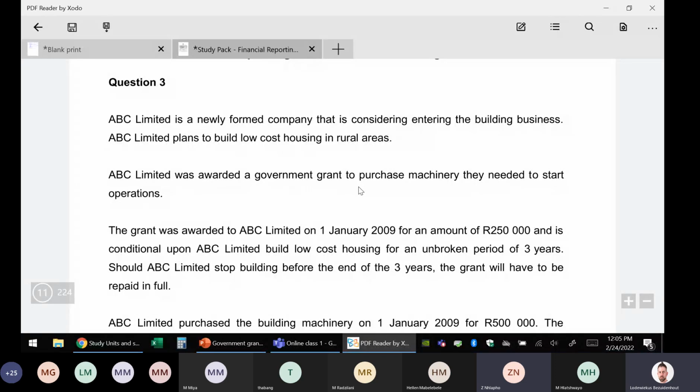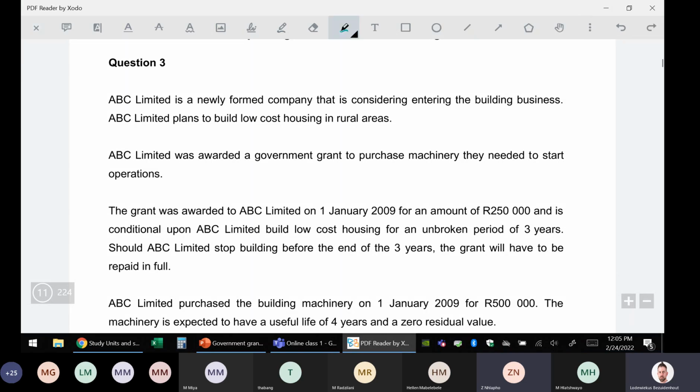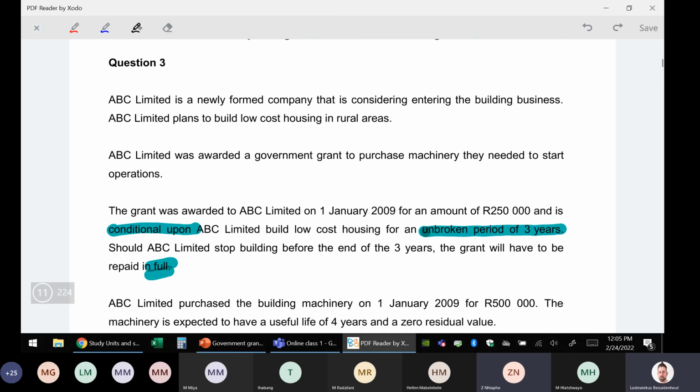That is one of our conditions. So remember at the beginning we said there are always conditions when we have grants. So unbroken period of 3 years, if there's any period of time that we are not doing what we are supposed to do in terms of the conditions, then we have to pay it. All right, so should they stop building before the end of the 3 years, then the grant have to be repaid in full.